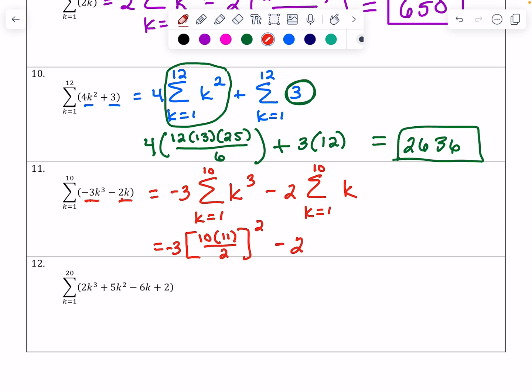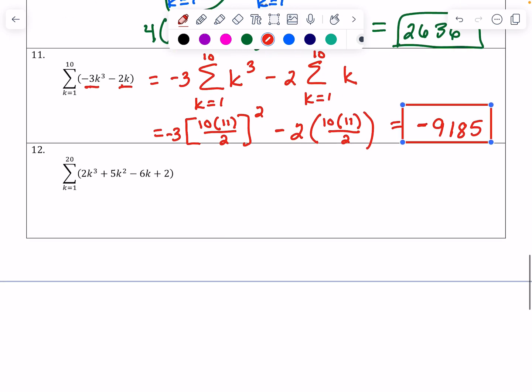Then I have my minus 2 from the next summation. This is a k, so that's 10 times n plus 1, which is 11, divided by 2. This one is not squared because it's k, not k cubed. And if you enter all of that arithmetic into your calculator, you will get negative 9,185.